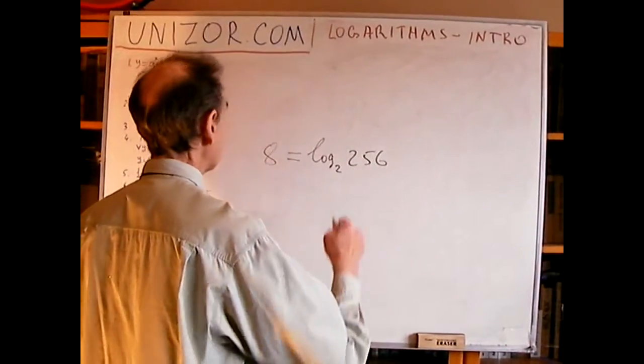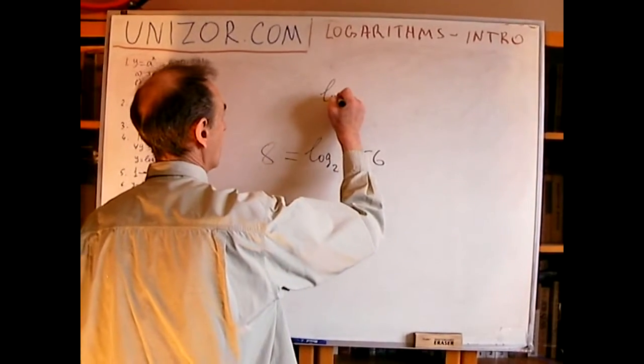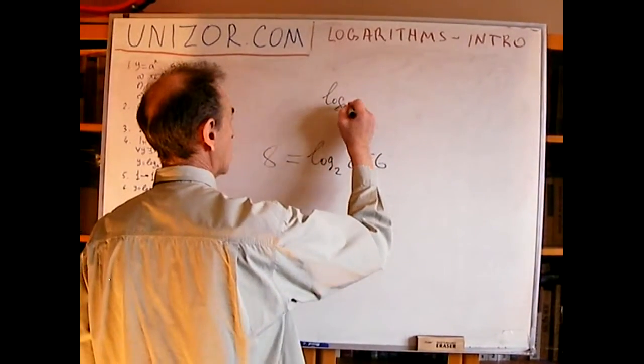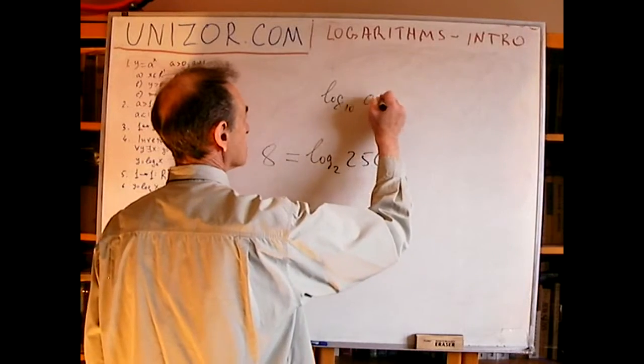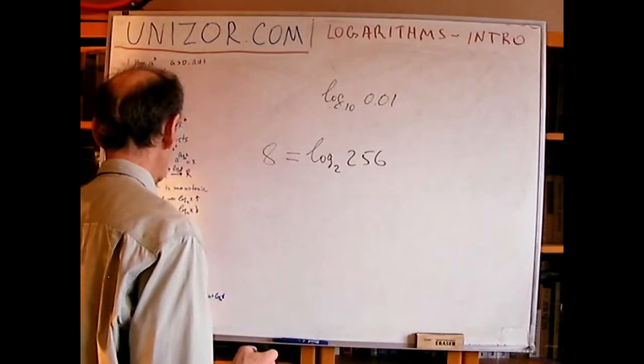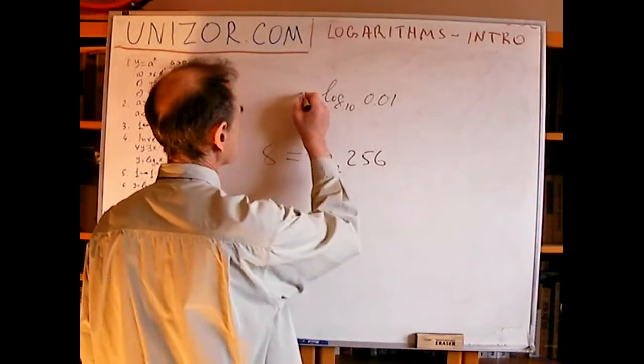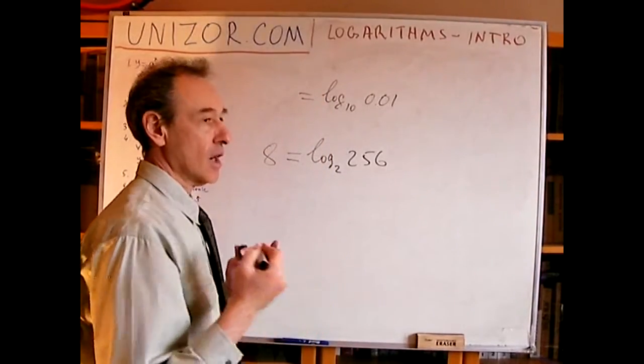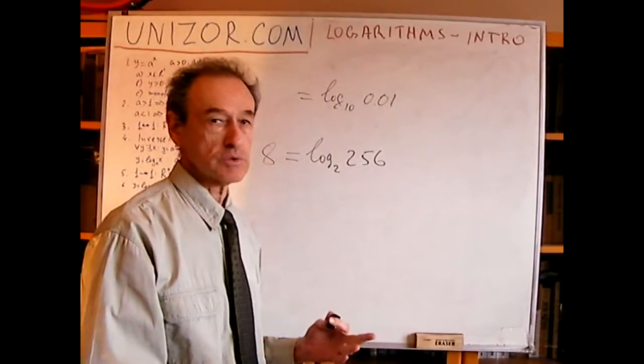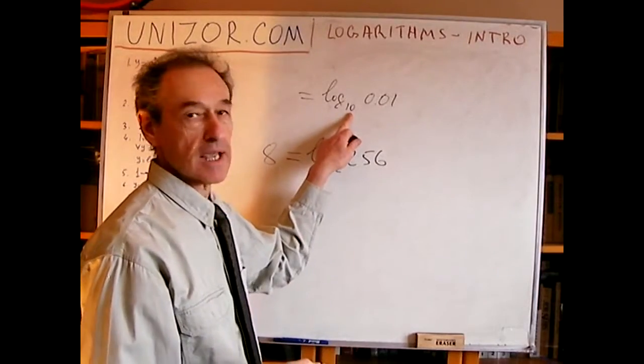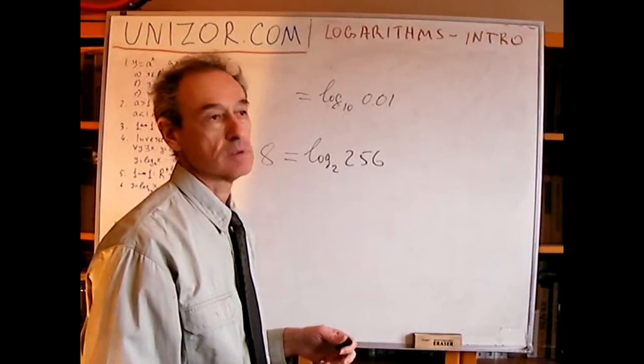Now, next example. Logarithm base 10 of 0.01. Okay, what is it? Again, what power should I use with the base 10 to get 100ths?